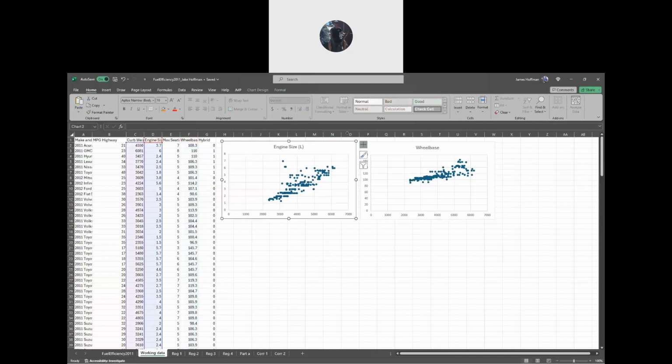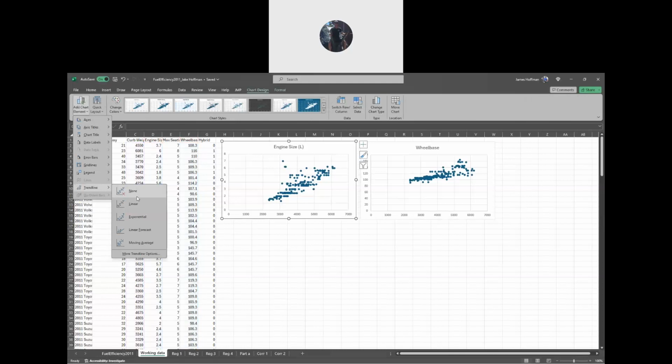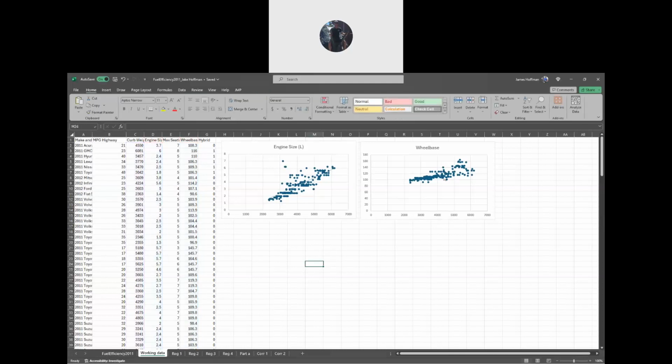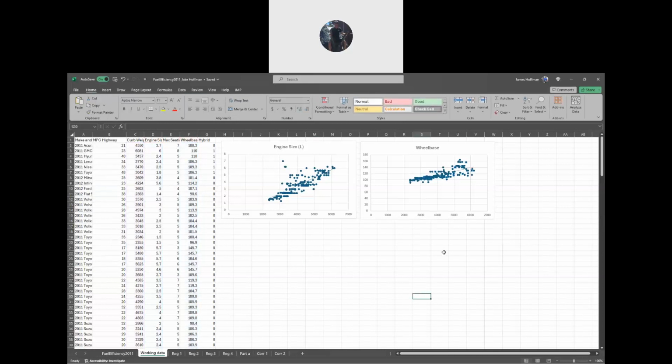Because if I put a trend line on this one, it's a pretty clear upward trend, but this one is pretty flat. You see what I mean? By looking at this, I'm sure that these move together. I'm not sure about this one.